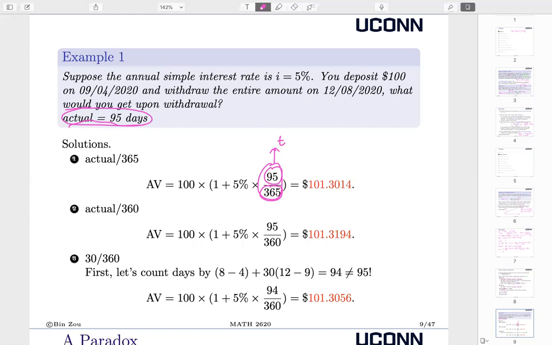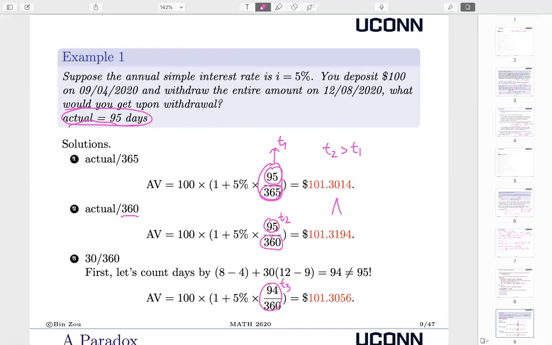It's a little over $1. Next, I do actual over 360. So it's the actual number of days divided by 360. I get another number. Obviously, this is greater because there are fewer days in 1 year, and that means when I do the conversion, time T is slightly bigger. Let's call these T1, T2, and T3. Obviously my T2 is bigger than T1, so my AV in the second rule is bigger than my AV in the first rule.